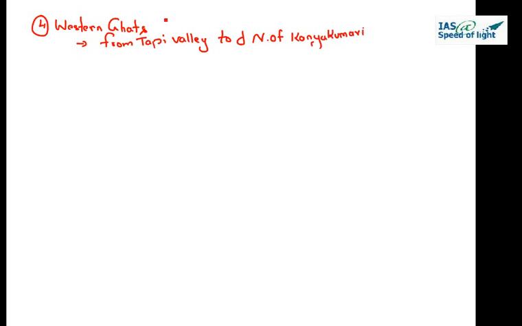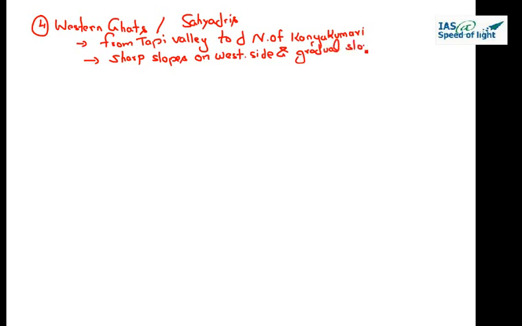Another name for Western Ghats is Sahyadris. It has steep or sharp slopes on the western side and gentle or gradual slopes on the eastern side.